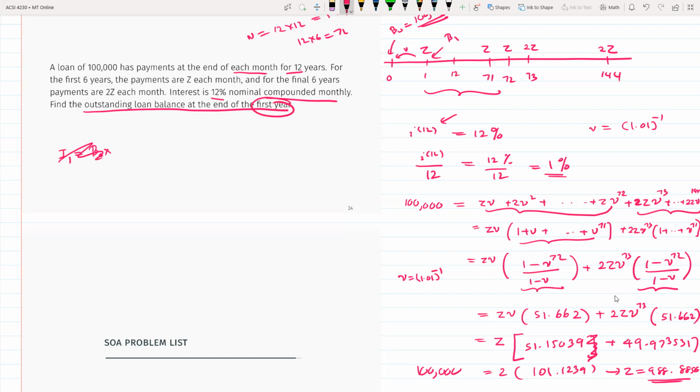So that would be 12. So you want to calculate B12, the outstanding loan balance at the end of the first year.